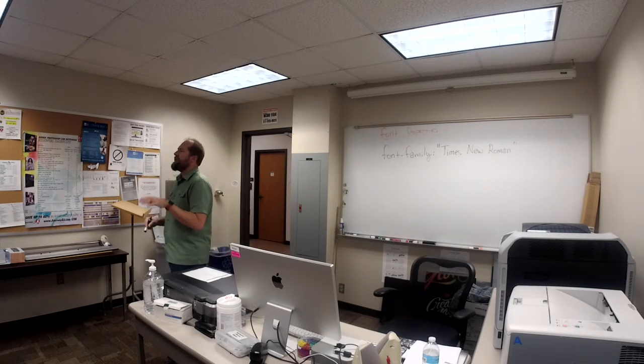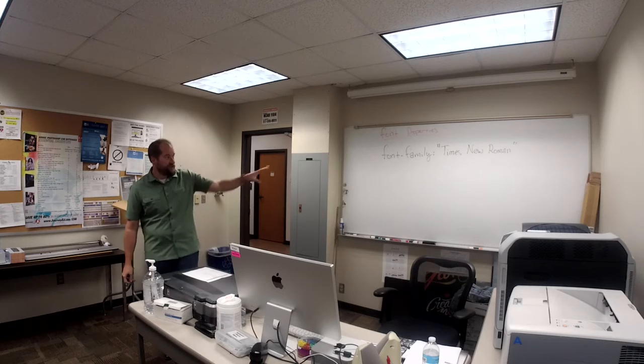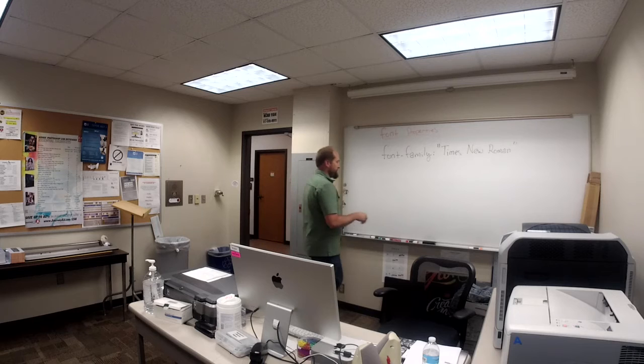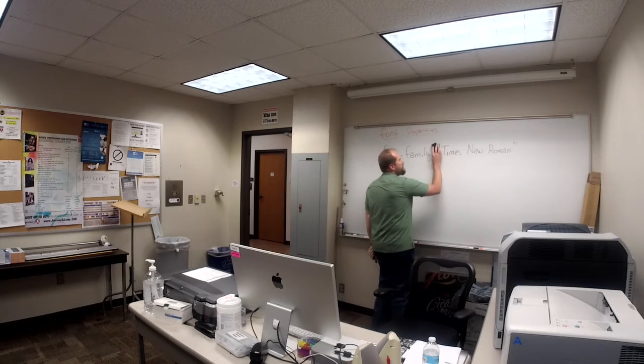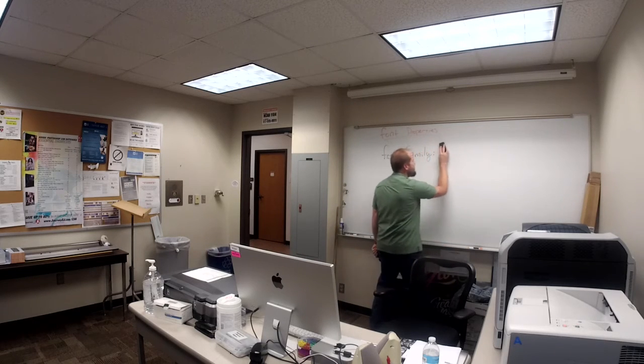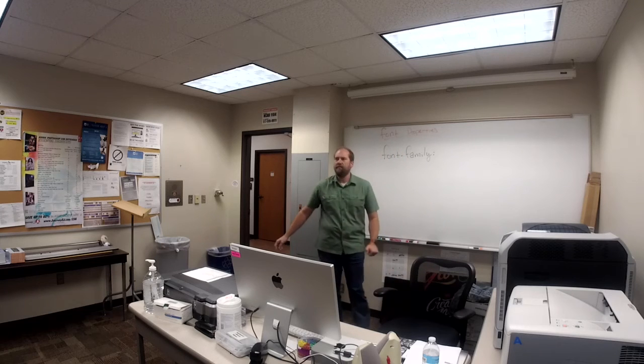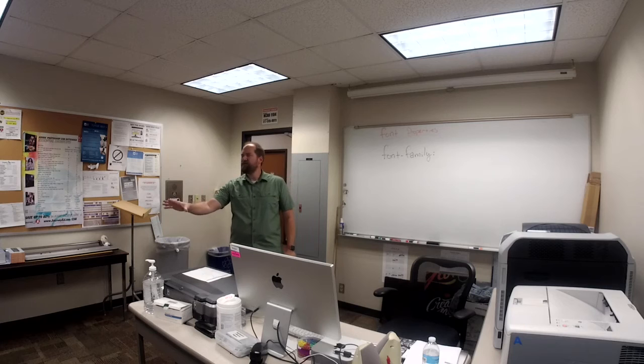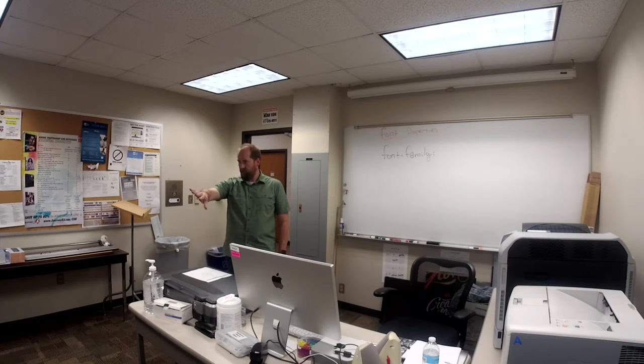But here's the thing. Let's assume for a moment, and this is the default, that we don't want to use Times New Roman. Well, then all I need to do is change the name of my font family. So somebody give me, first off, Times New Roman. Is it a serif or a sans serif font? Serif. Good. So it's a serif font.